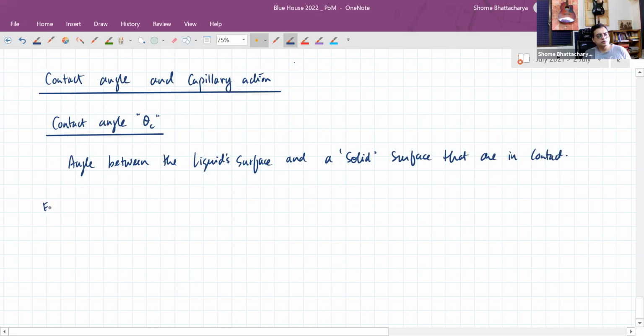So for example, if you consider a situation like this, that you have a glass container with water or any other solution or any other fluid inside it.